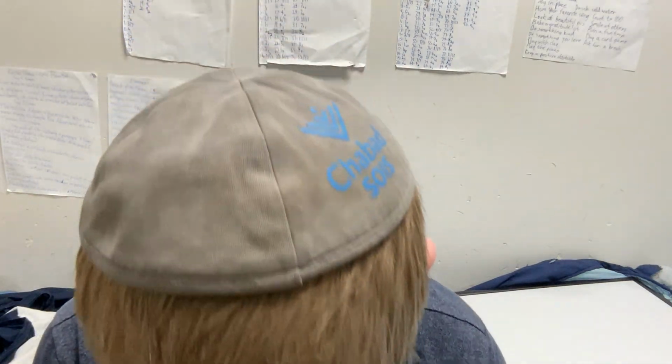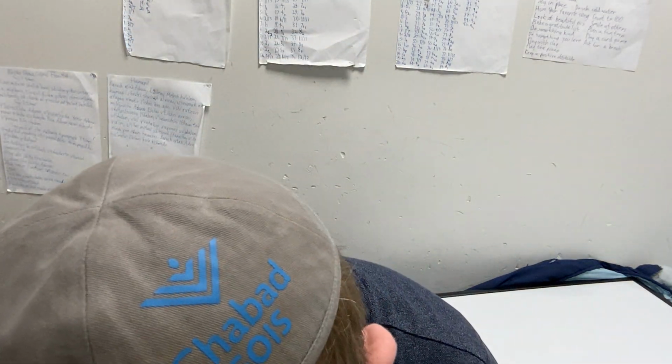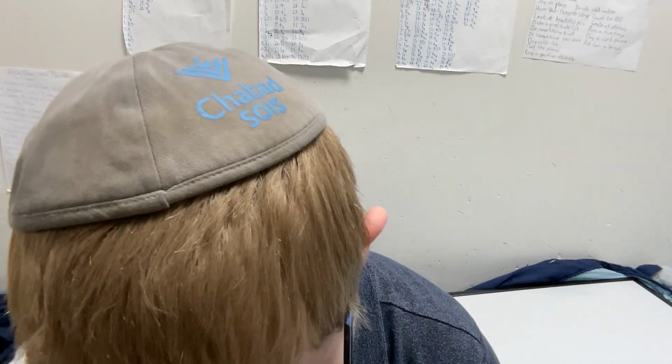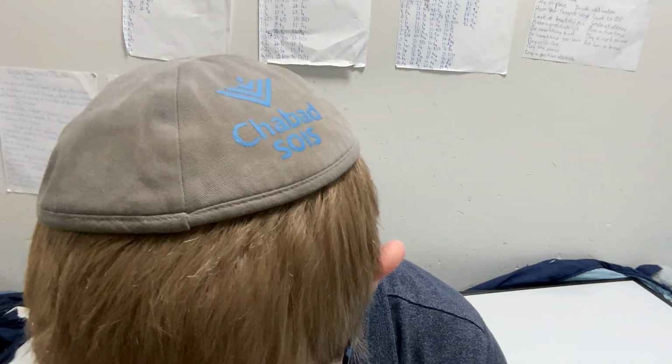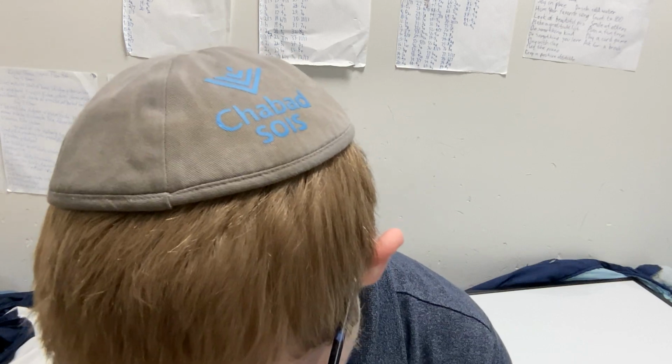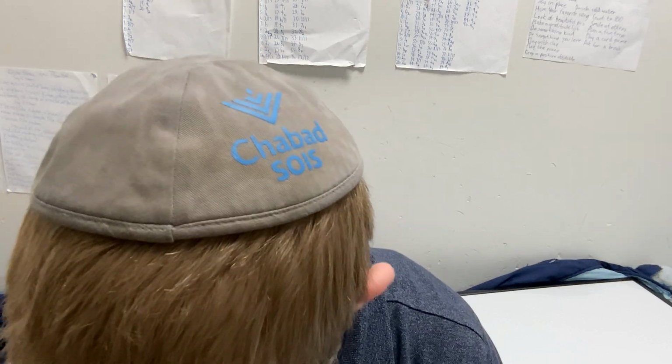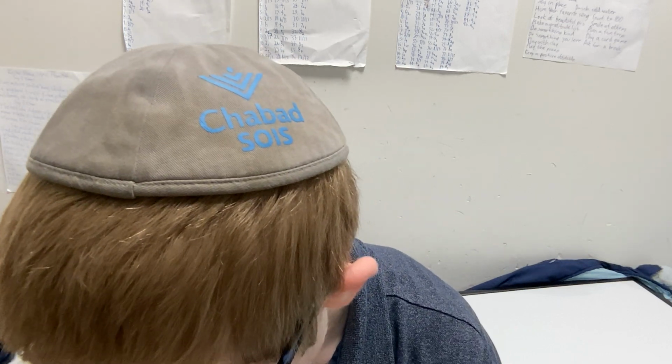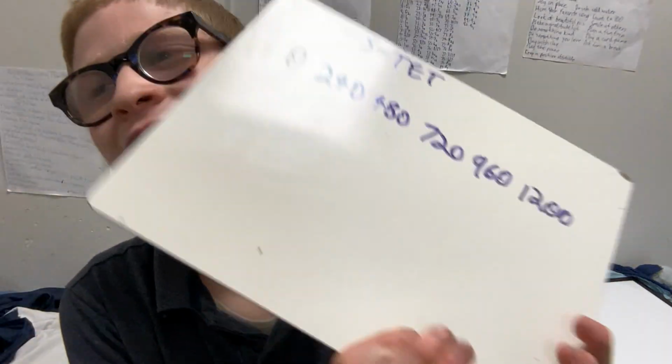So from your root note, going in 5-tet, the cent values from your root note are 0, 240, 480, 720, 960, and 1200, which is, of course, an octave. So that's 5-tet for you.